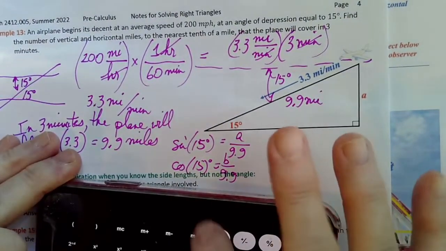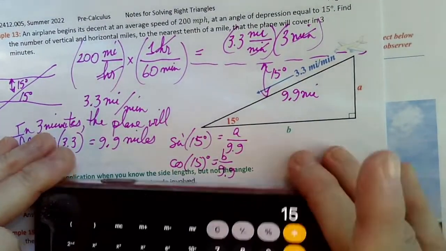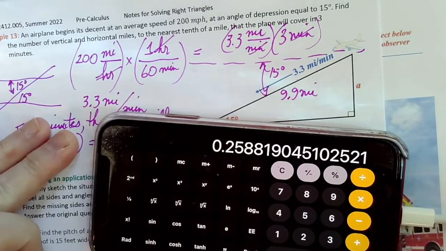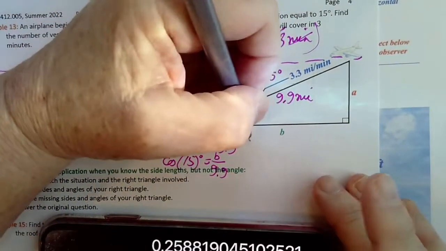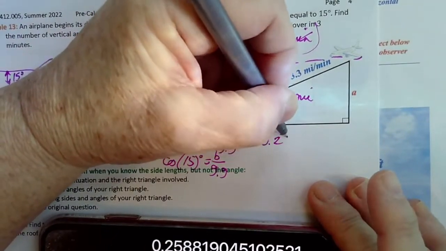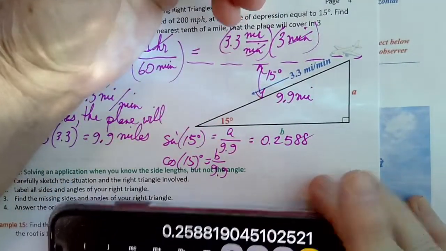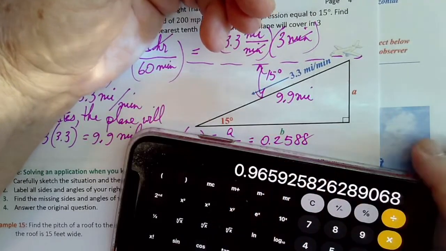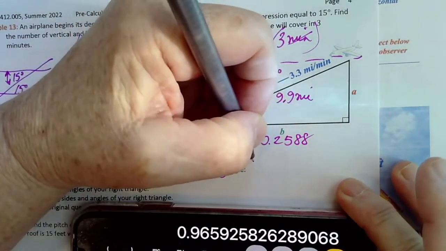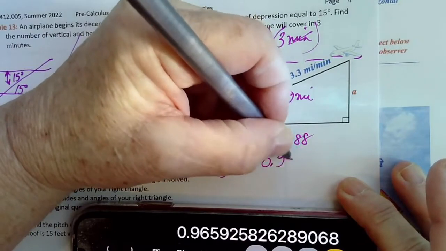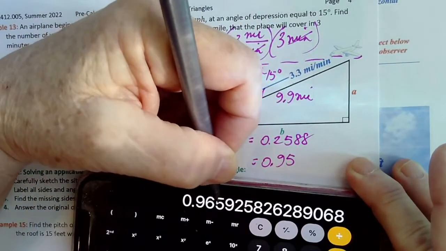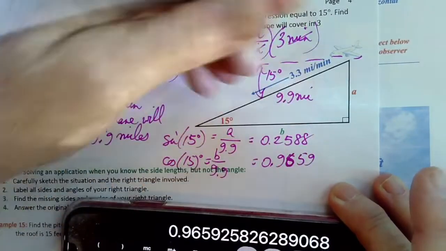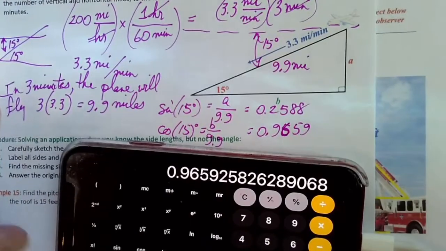And let's see. 15 sine, we get 0.2588. And the cosine, 15 cosine, we get 0.9659. So now we can do everything.